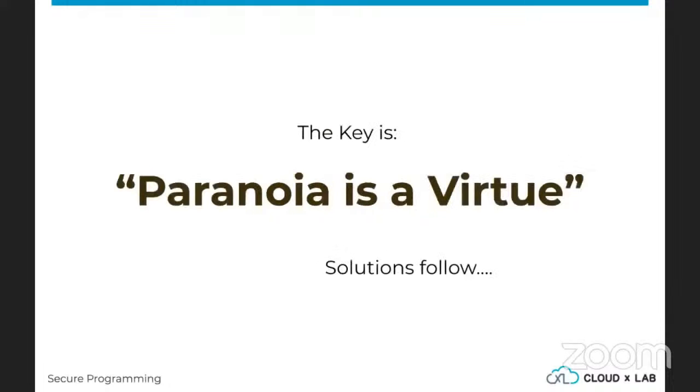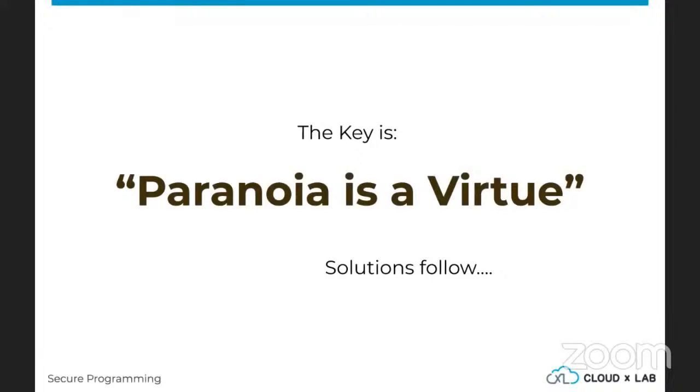Quick answer is paranoia is virtue. Be extremely paranoid while writing code or reviewing somebody's code about how this piece of code can be attacked or exploited. This is the thumb rule that I follow whenever I'm doing auditing for any code, that paranoia is virtue.